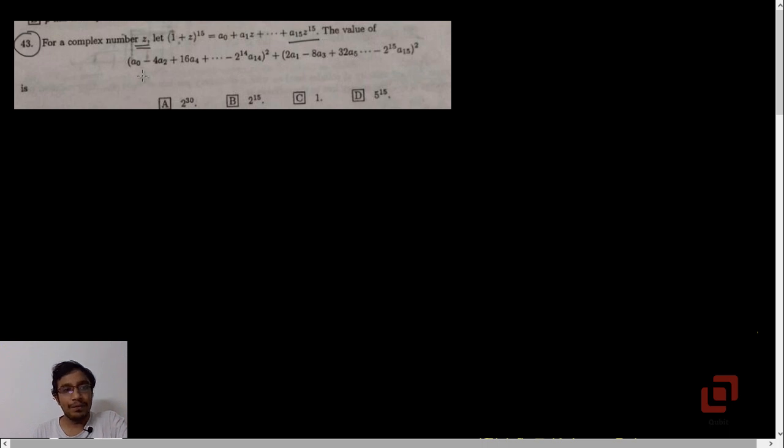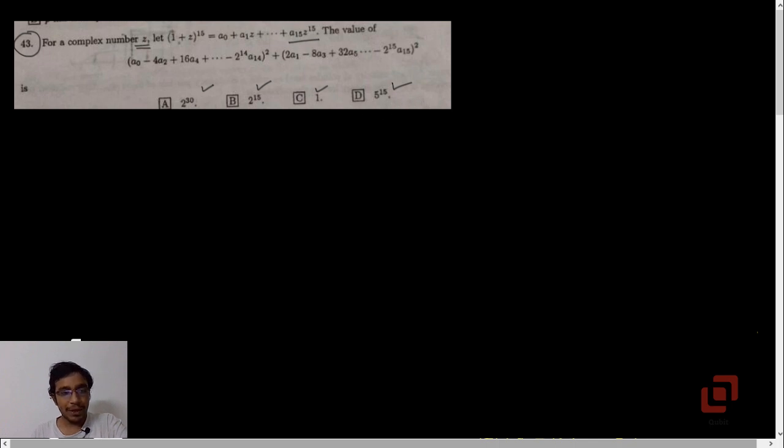The value of (a0 − 4a2 + 16a4 and so on till −2^14 a14)² + (2a1 − 8a3 + 32a5 and so on till −2^15 a15)² is equal to: 2^30, 2^15, 1, or 5^15.